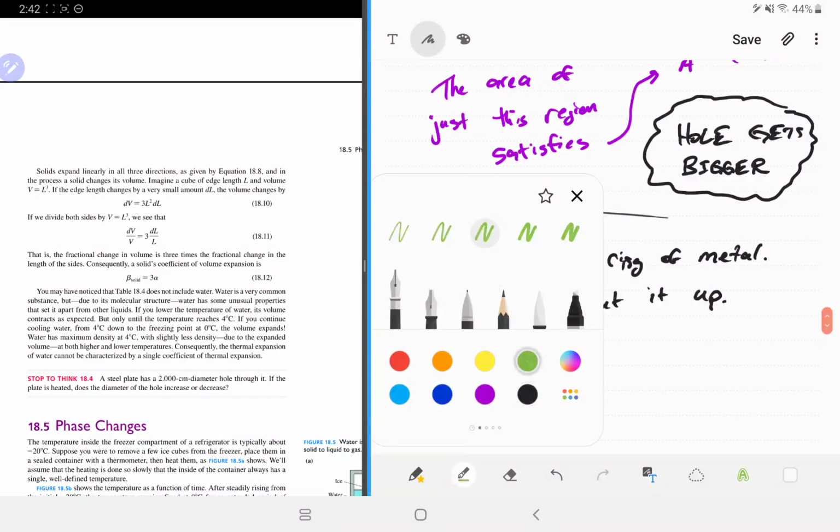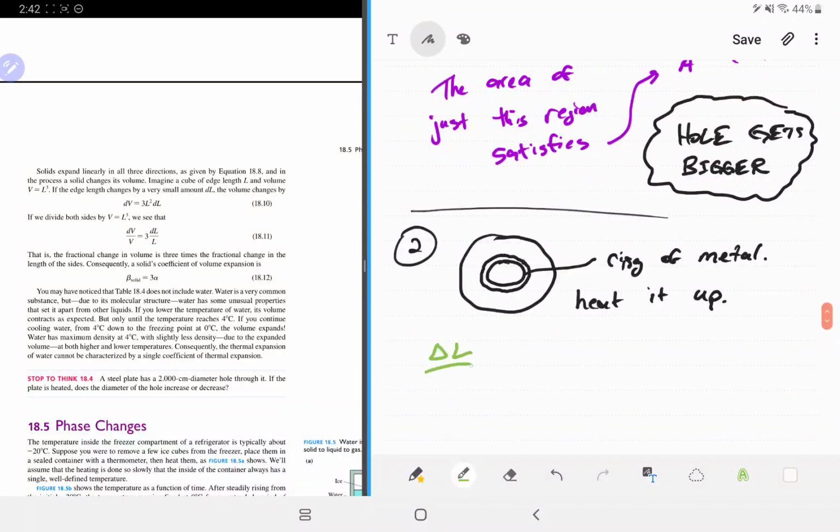The length is going to increase according to our equation for thermal expansion. So delta circumference, using the letter C for circumference, over the original circumference is alpha delta T. And this is going to be some positive number if we're heating this thing up.